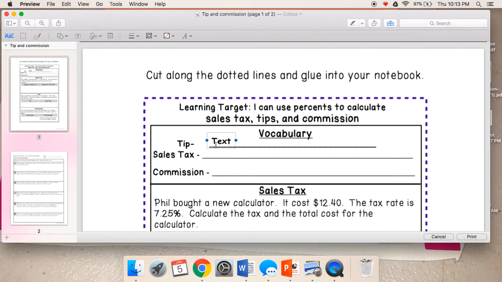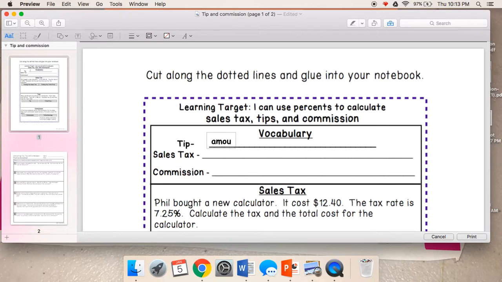So I want to start by talking about vocabulary as far as tip. When you go out to a restaurant and your waiter or waitress provides you service, they get your meal for you, they provide you with water, they refill all those things. This is when you give them an extra amount.